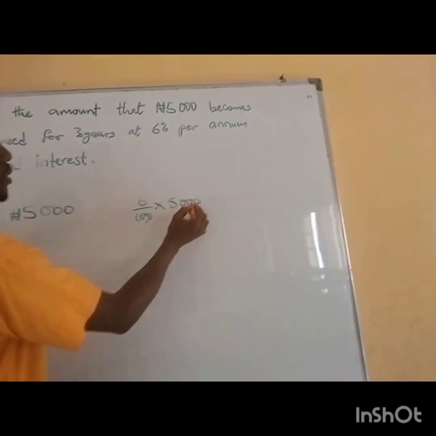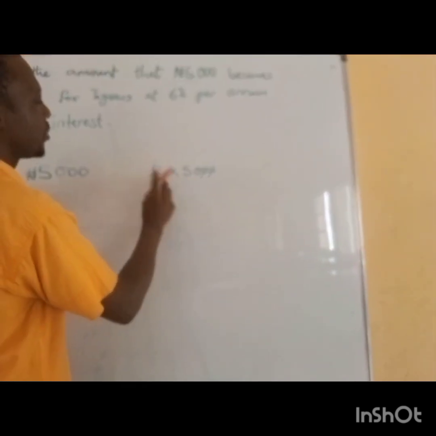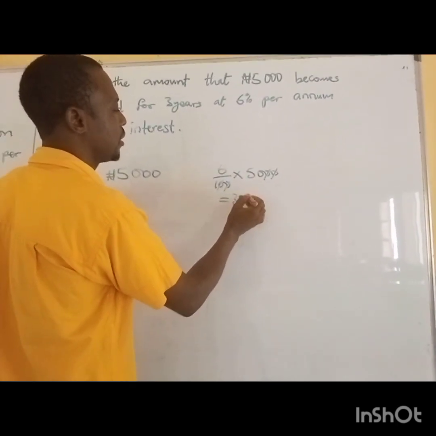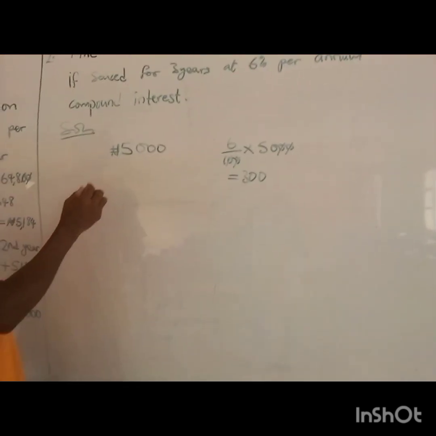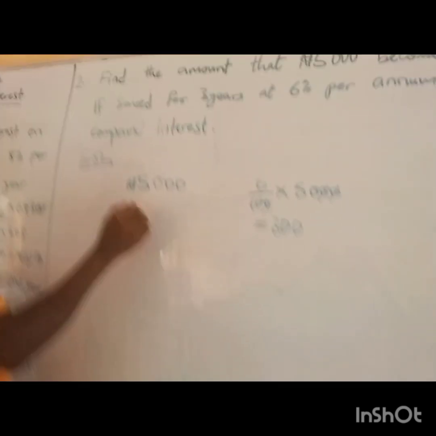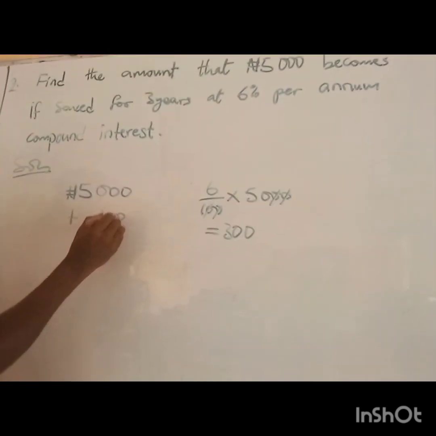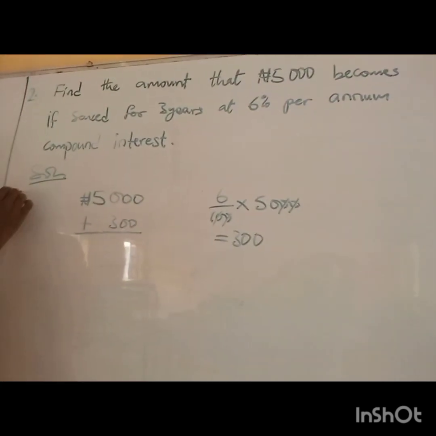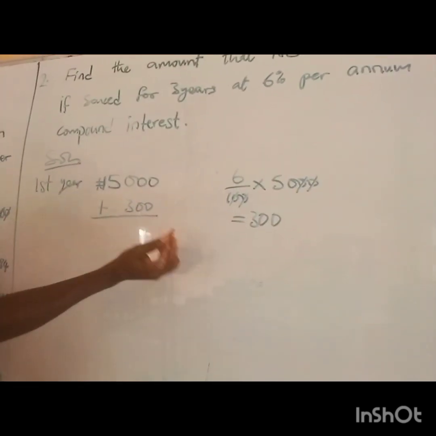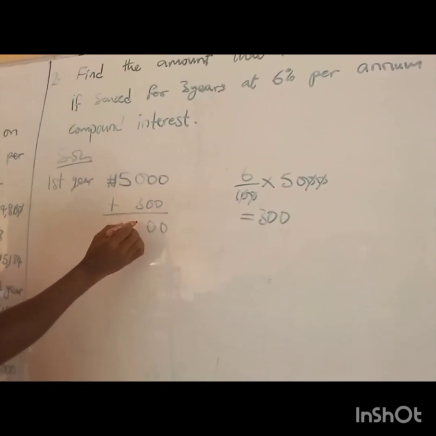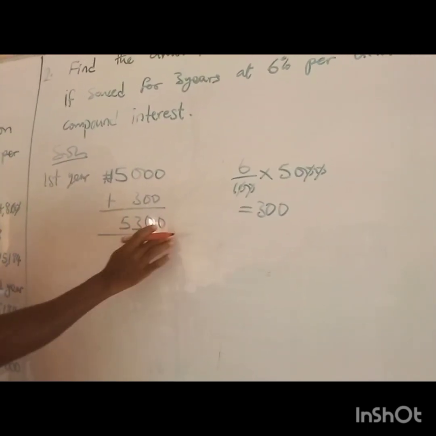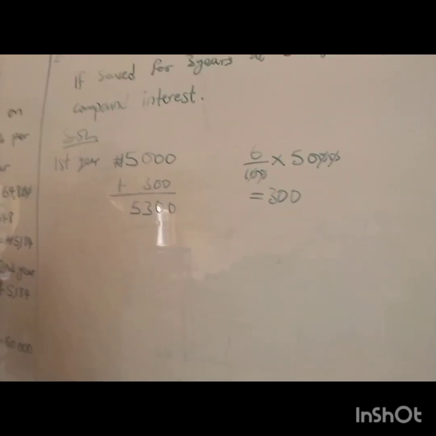So this 100 cancels, and we have 5 times 6. 6 times 5 is 30, plus these 0s, so we have 300. So at the end of the first year, we have an addition of 300, so we have 5,300 at the end of the first year.